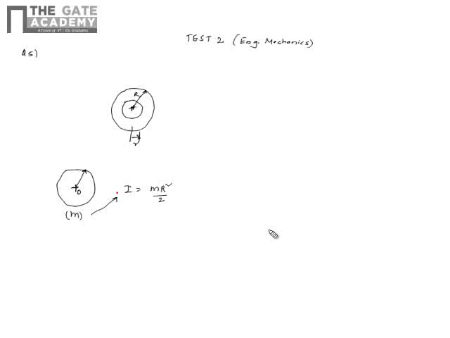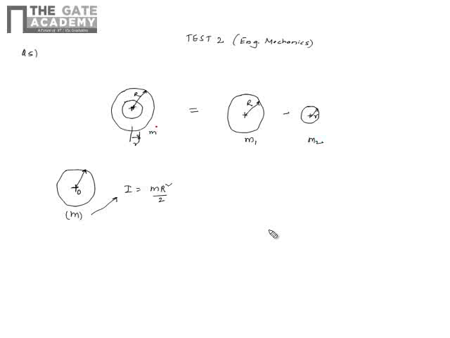Okay, so now this is our problem. This can be looked at as a solid disk minus a small disk of radius small r. Now this is mass m1, this is mass m2, and this is of mass m.